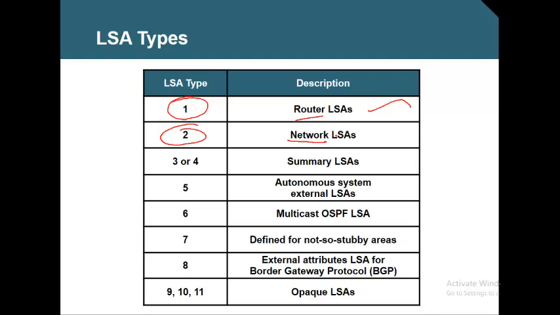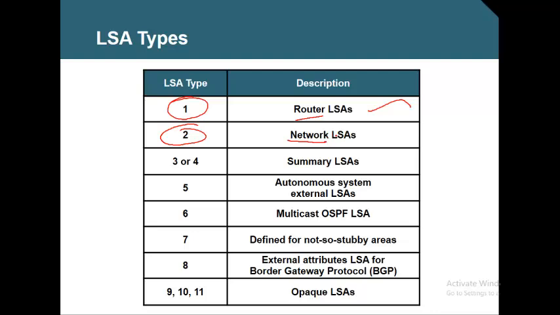No. No. Which means they depend on designated router only to bring the advertisement, isn't it? That's correct. So for a designated router to advertise, there is a need for type 2 network LSA.